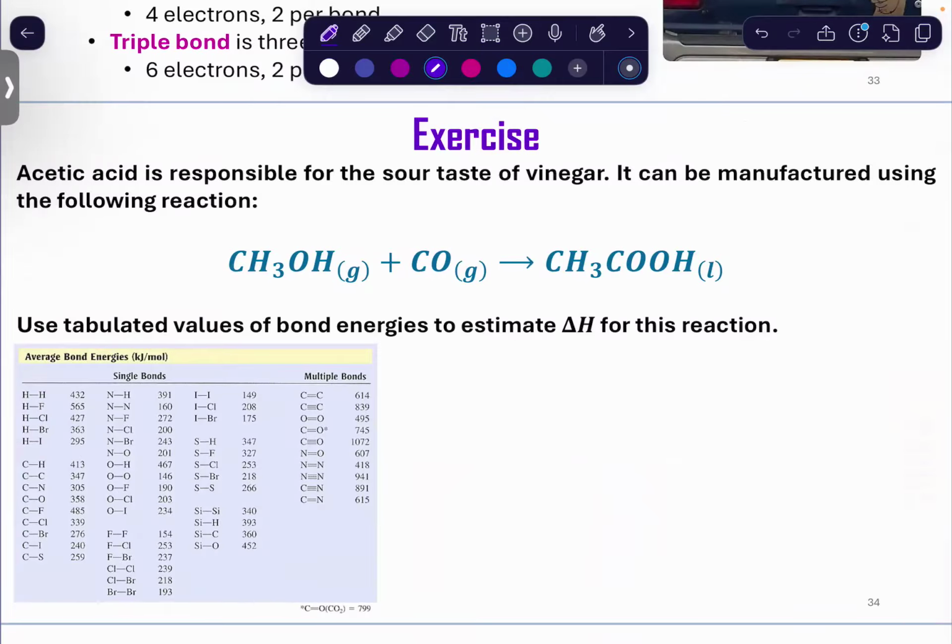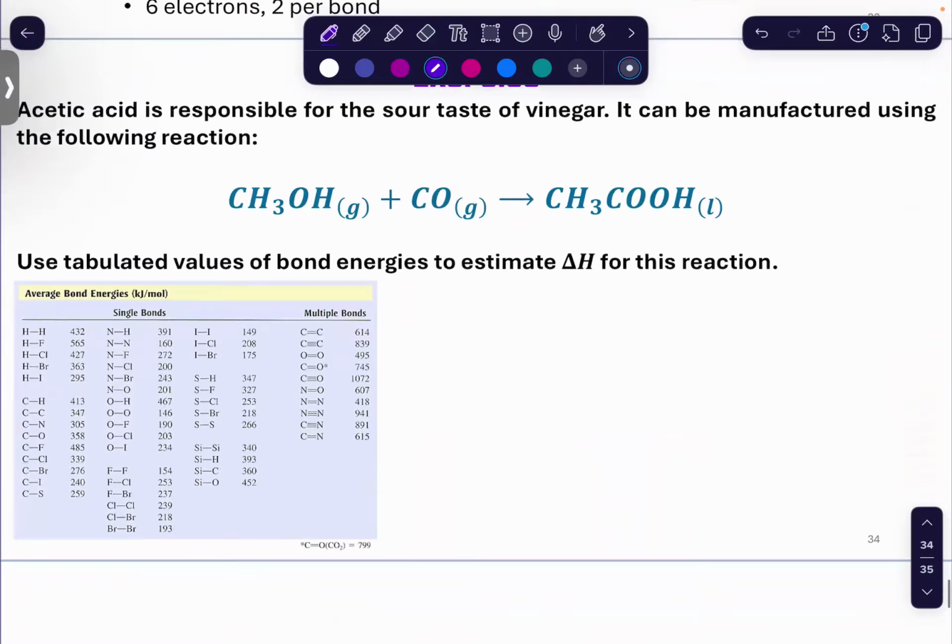We have methanol plus carbon monoxide is going to yield acetic acid. So we need to really break this down and say, what bonds are broken? What's formed?